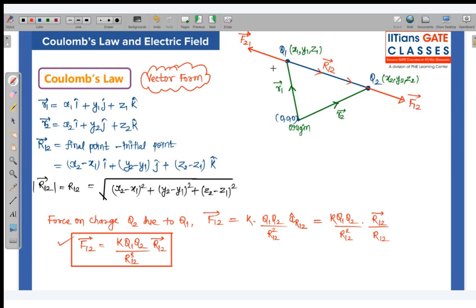With respect to F12, the direction of F21 is reverse, so you can just put the minus sign. That means minus of F12 is F21. The rest of the things will remain the same. Only the direction will change.